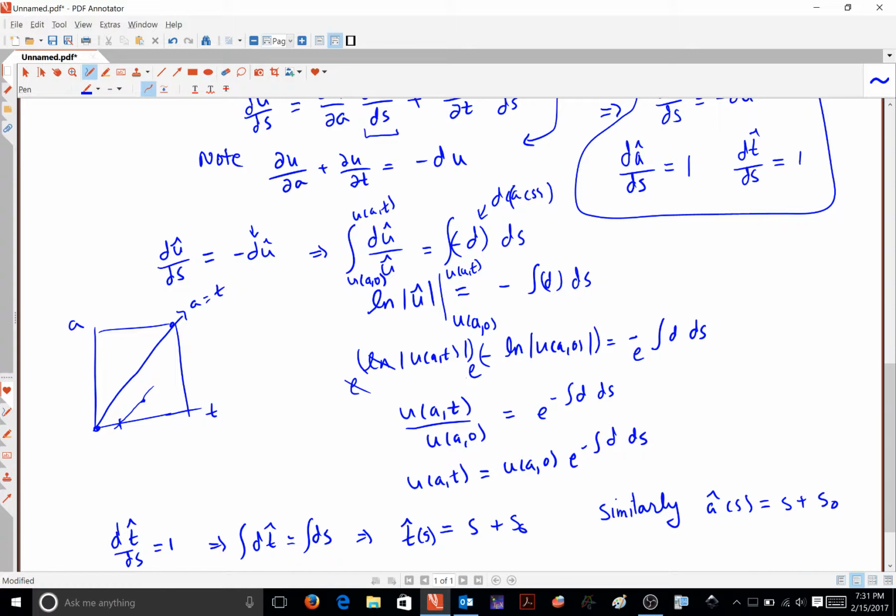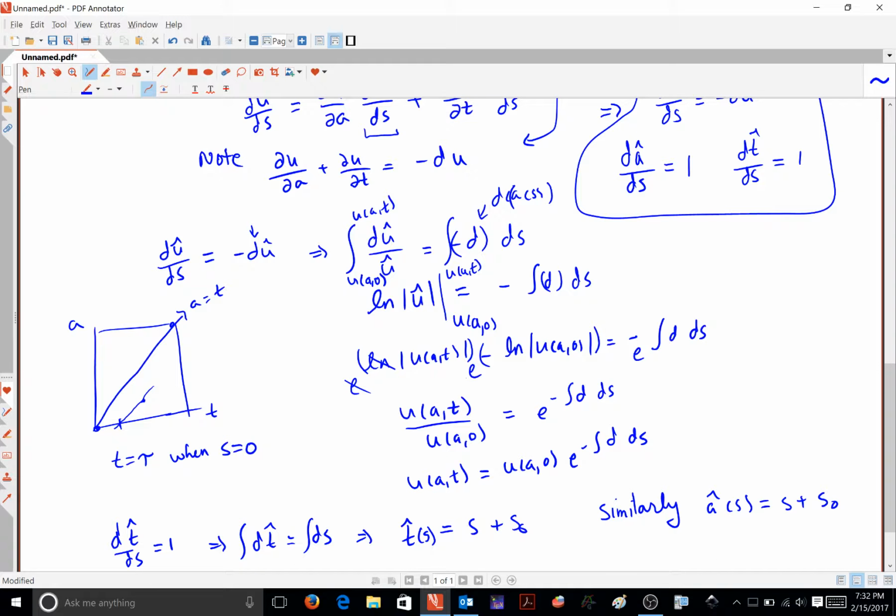You intersect the t-axis when s is equal to 0. So that would be the age of the person equals 0. If we parameterize the t-axis by t equals tau, a equals 0, then we're just going to say that t equals tau when s equals 0.